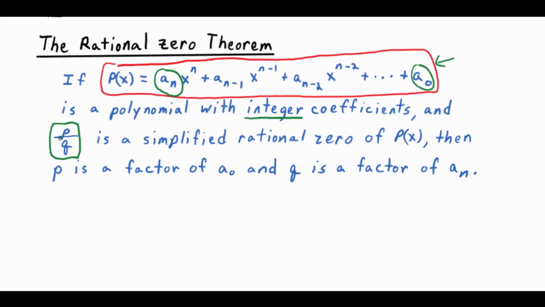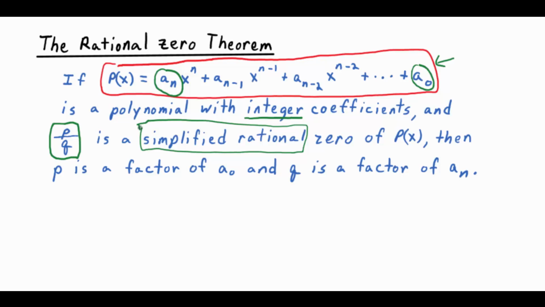So suppose p divided by q is a simplified rational zero. That's fancy talk. A simplified rational zero is a reduced fraction. So as opposed to 2/4, you're going to talk about 1/2, right? As opposed to 3/6, talk about 1/2.